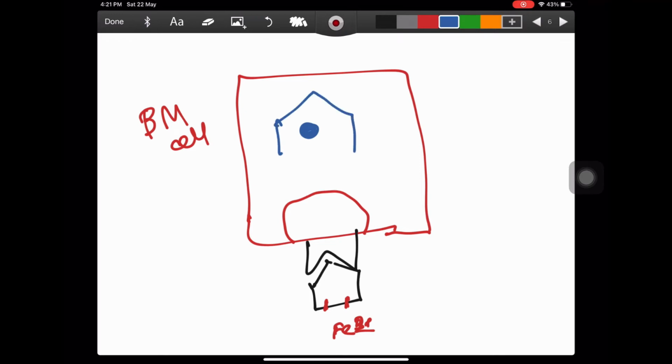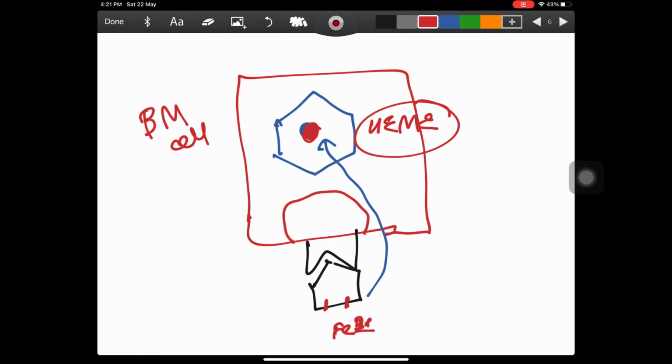What is this? The heme ring, the protoporphyrin ring. So this Fe2+ goes and stays in the center of this protoporphyrin ring, and the protoporphyrin ring plus this Fe2+ is known as heme. So this is what normally happens.